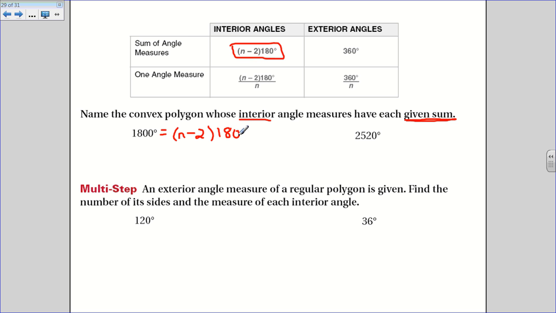If I divide by 180 first, I don't have to distribute it in, which would make the numbers really nice and easy. 180 goes into 1800 10 times, and I just have this n minus 2 left. So what minus 2? Well, n would have to be 12, so this would have to be a dodecagon.